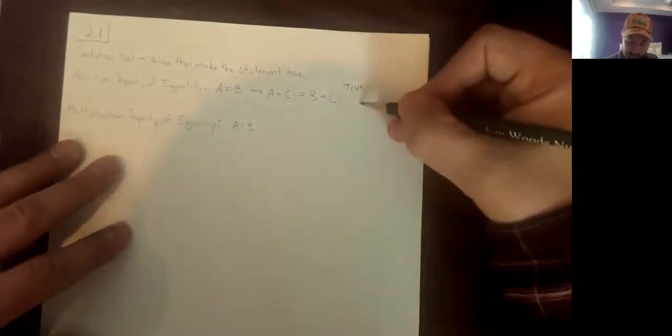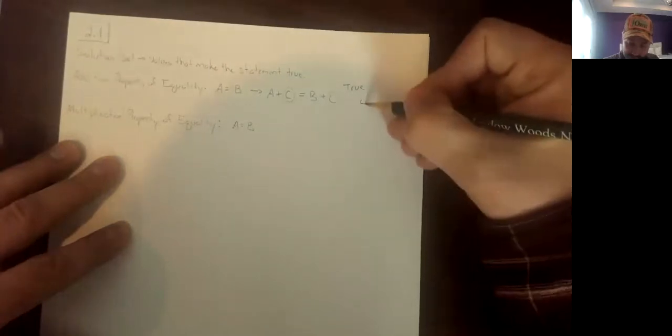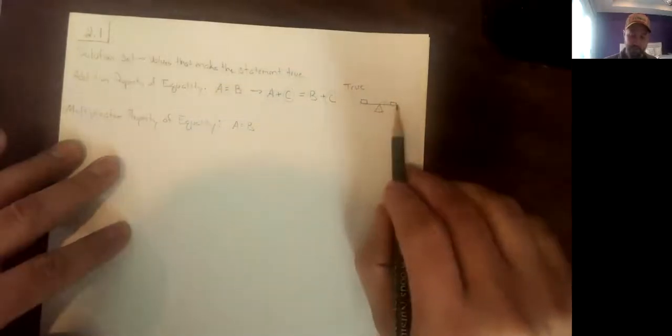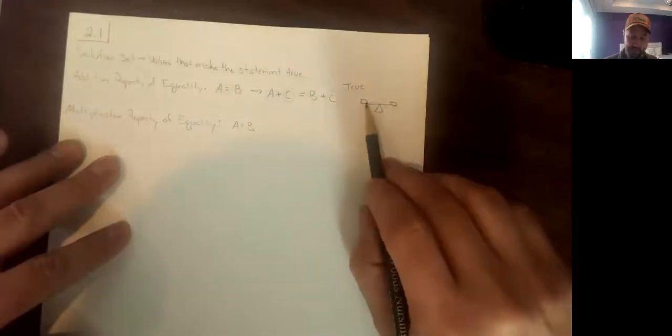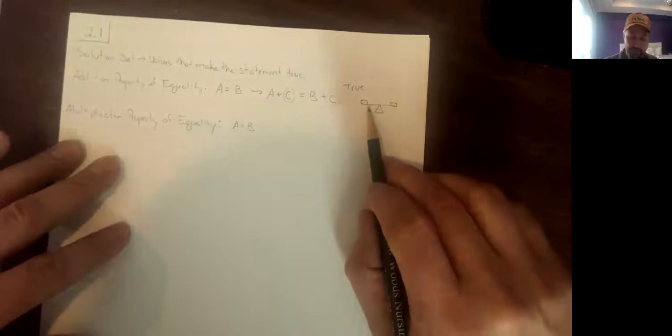Solving equations, I like to think in terms of like a balance. And what you need to do is make sure both sides stay balanced. So if you add C to only the left side, it's going to drop. There's going to be more over here. You've got to add the same amount over to the right to balance it out, to even it out.